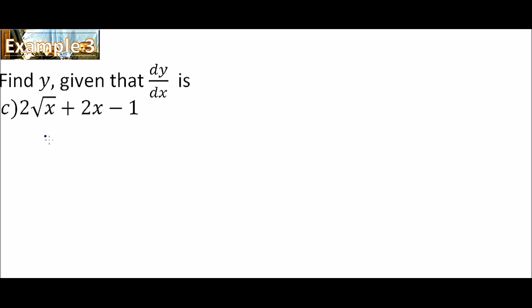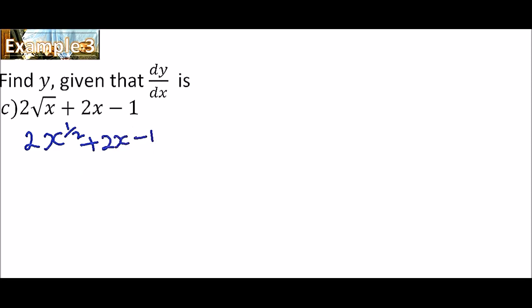So in this example, find y given that dy over dx is 2 square root of x plus 2x minus 1. So 2 root of x, we can write it like this: 2 times x raised to power a half, then plus 2x minus 1.